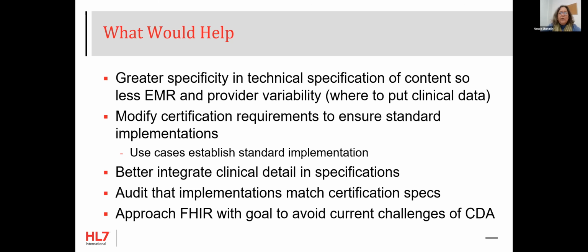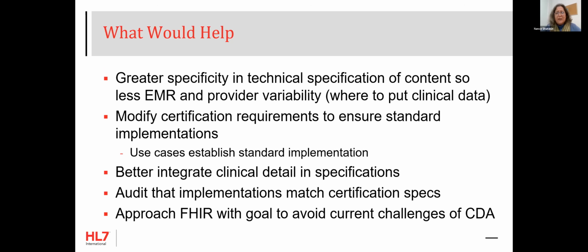We need to ensure also that use cases help to establish those standard implementations so that an organization implementing understands why they're doing what they're doing and what they should do in this case versus what they should do in that case, depending upon what the challenges of their practice might be.